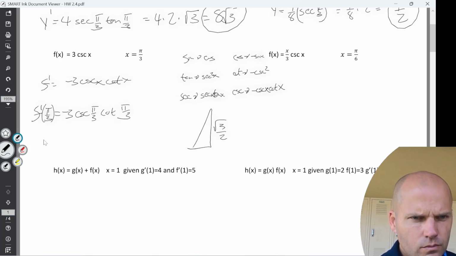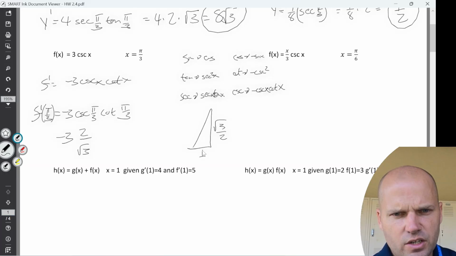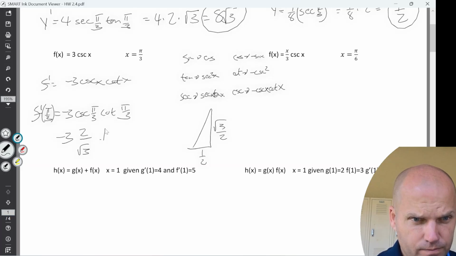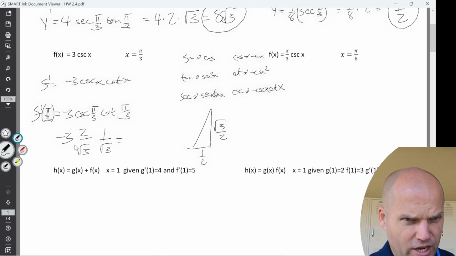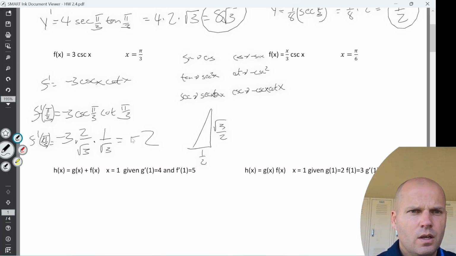So the sine of pi over 3 is root 3 over 2, which means the cosecant is 2 over root 3. The cotangent would be 1/2 divided by root 3 over 2, which is 1 over root 3. Look at how this works out. If I multiply these together, I'll get negative 6 over root 3 squared, or negative 6 over 3, which is negative 2.